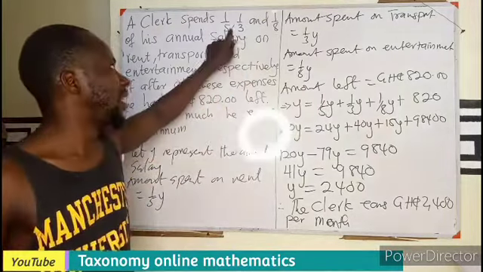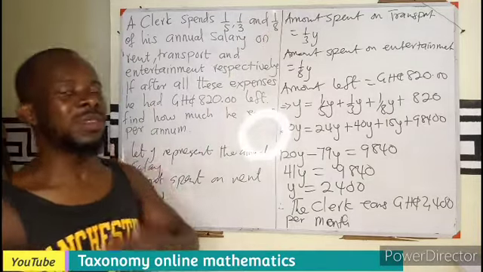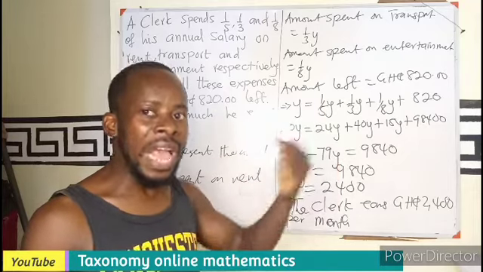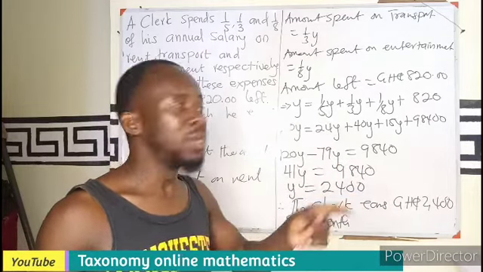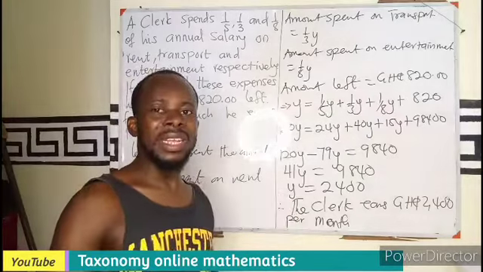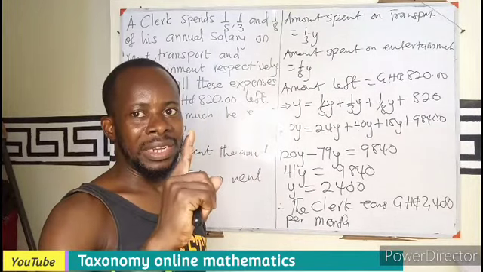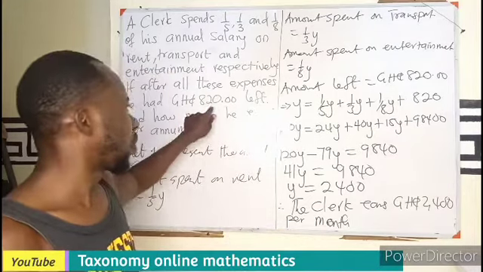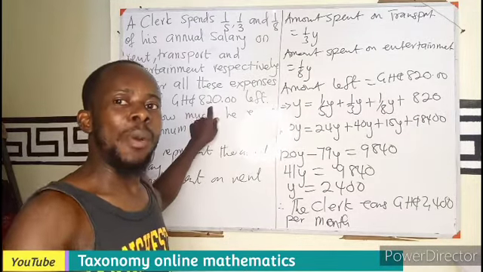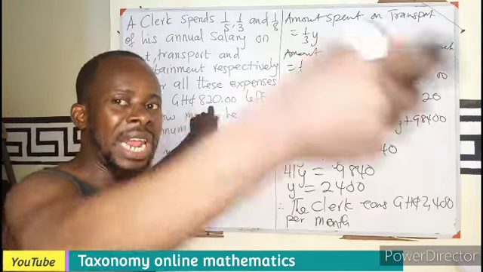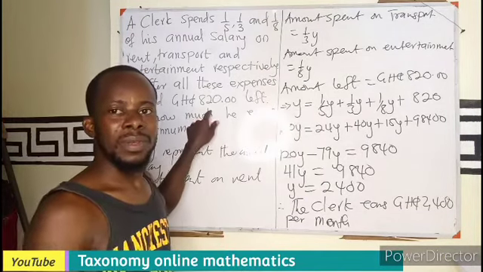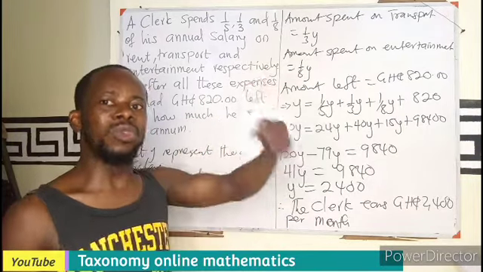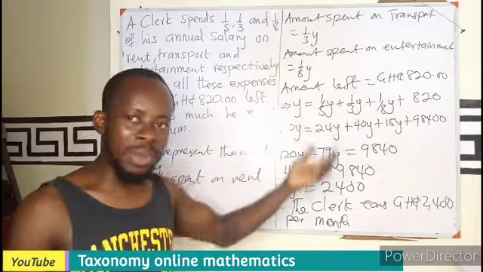Then we know that seeing these are fractions, it means we are spending the money out of 1. 1 is the whole of what? Every proper fraction. So if I find the total of this, take it away from 1, then I can know the fraction that is left, and that fraction left is what? This. Then we can take a proportion of that. If the fraction left is this, then 1, which is the whole, will correspond to the amount per month or per annum.